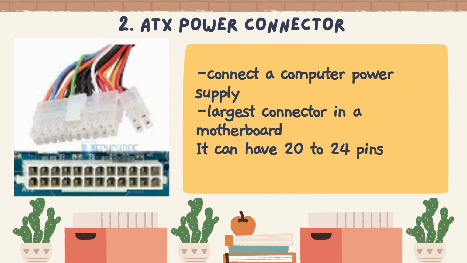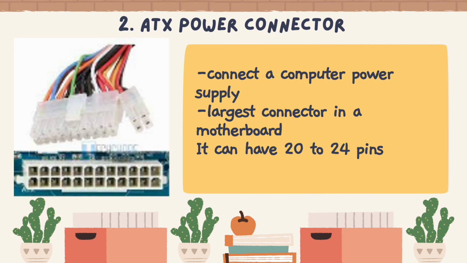So it gives electricity to all the components that attach to the motherboard. It's like plugging in your phone charger to power up your phone. But for your computer instead, this connector ensures your computer has the energy it needs to start and run all the parts smoothly.